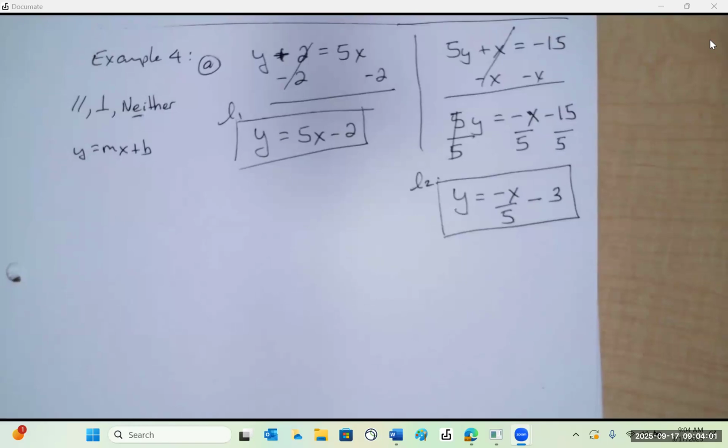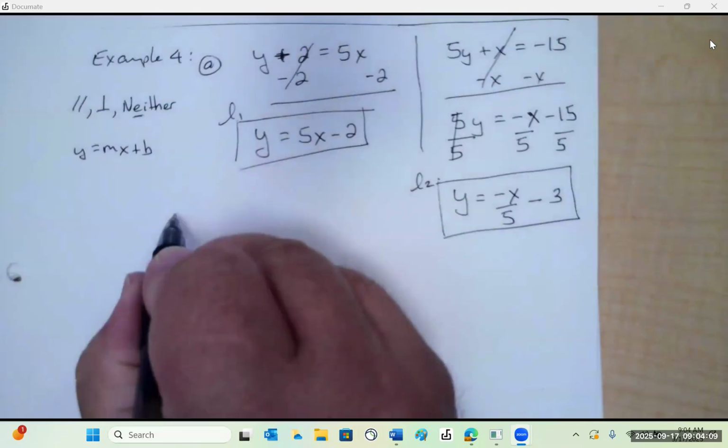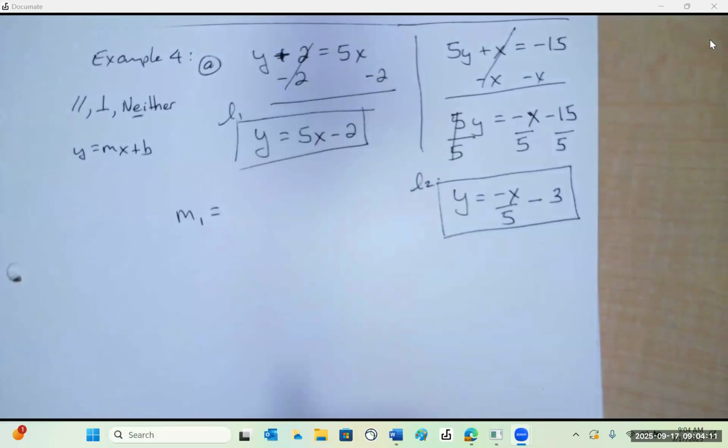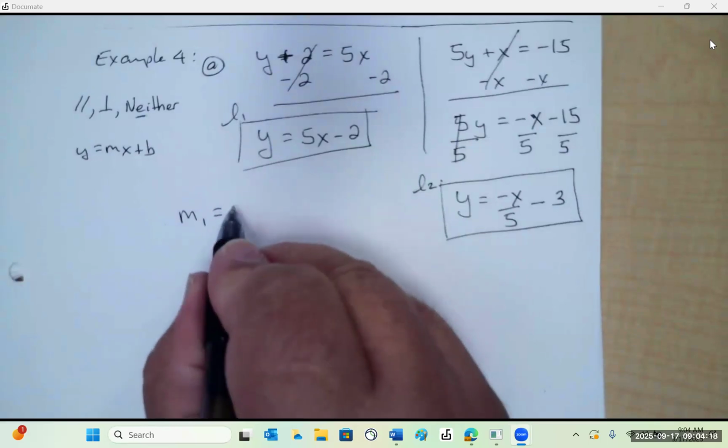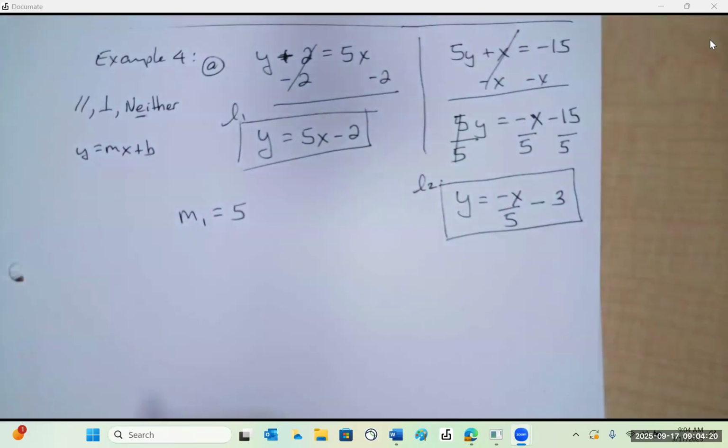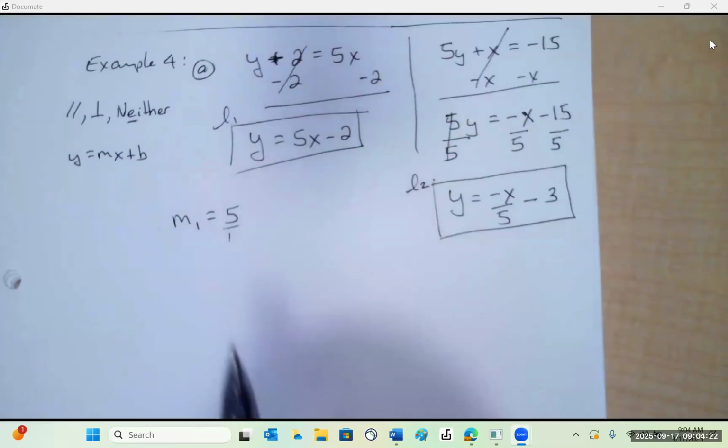To determine if they're parallel, perpendicular, or neither, what do I have to compare? Slopes. So what's the slope of line 1? Was it 5? Yeah, you say 5 or 5 over 1. They both work.